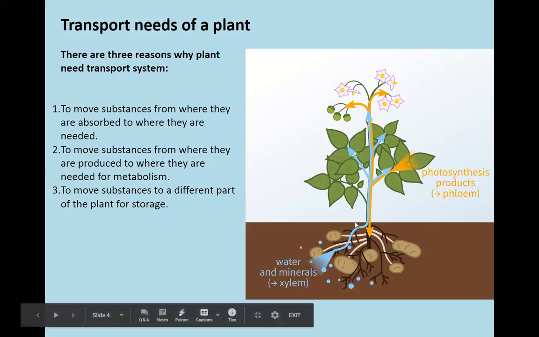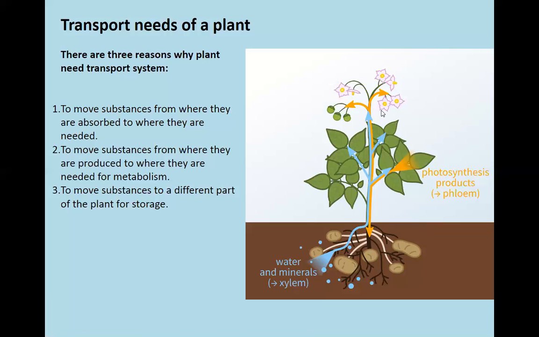So there are three reasons why plants need a transport system. First of all, to transport substances from the place where they are absorbed to the place where they are needed, and you can take water and minerals as an example. The second reason is to transport substances from the place where they are produced to the place where they are needed for metabolism, and the direction might be different.